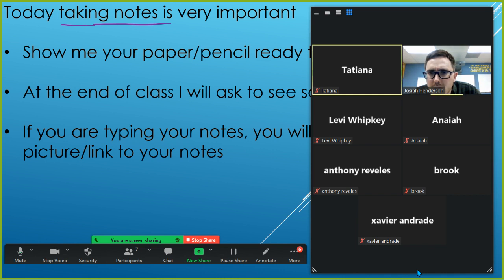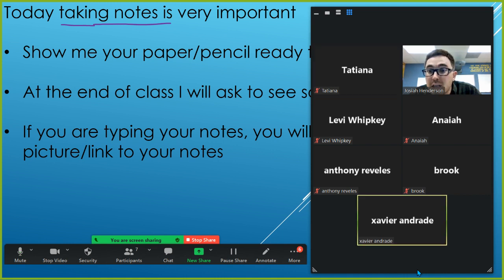All right, who's left? Anthony and Xavier and Brooke. You guys ready? Xavier, can you turn on your camera and show me, please? I trust you all, but I do want to see it. You're typing it? Okay. Yeah, send me a picture today. Or if you're typing in Google, you can just share it with me and I'll get an email and I can look at it later.